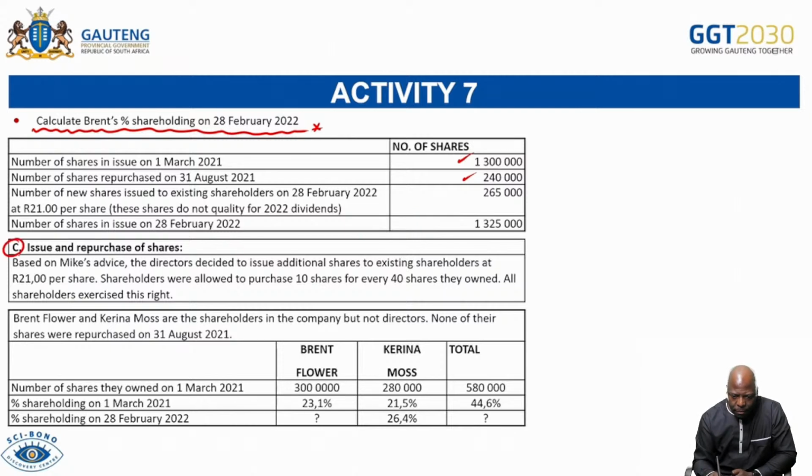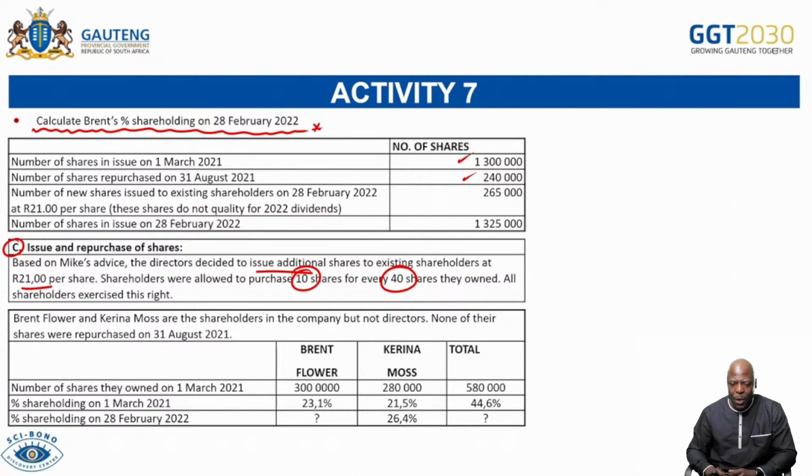Then C, based on Mike's advice, the directors decided to issue additional shares to existing shareholders at 21 Rand per share. The shareholders were allowed to purchase 10 shares for every 40 shares that they owned. All the shareholders exercised this right to buy shares.